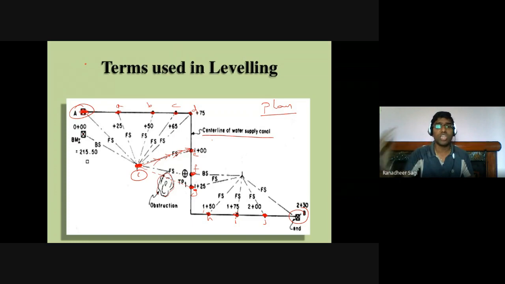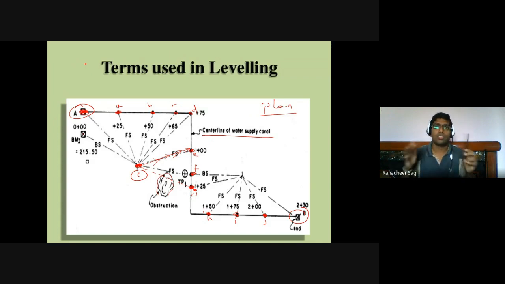But shift to some point in a way that, wherever you set up your instrument, from there you should be able to view the leveling staff placed at different points and collect your readings without much disturbance, or without changing your instrument n number of times.